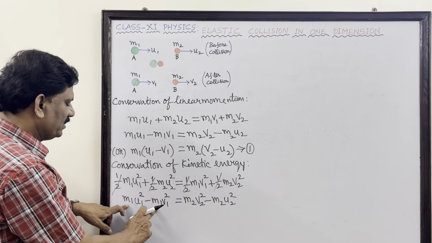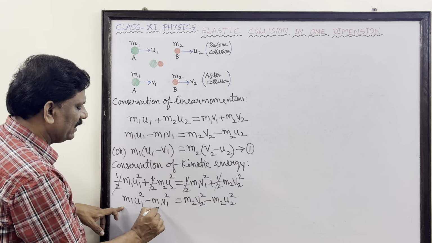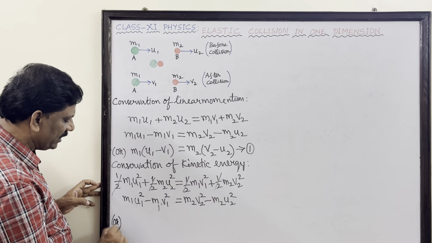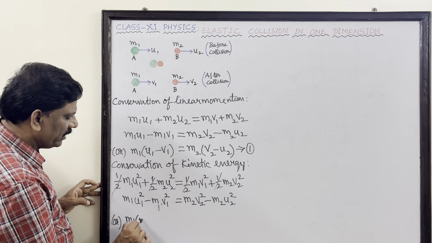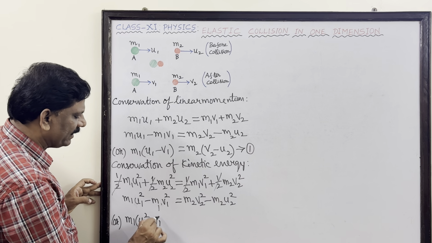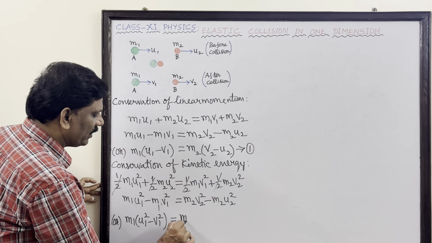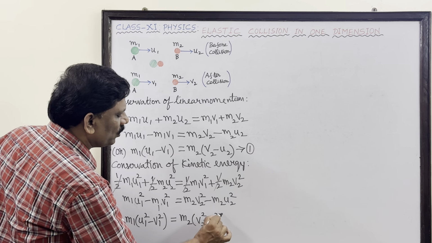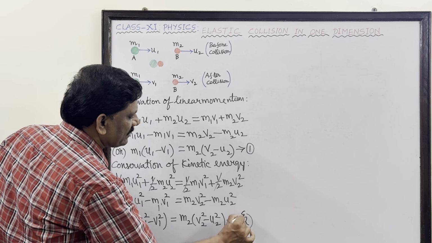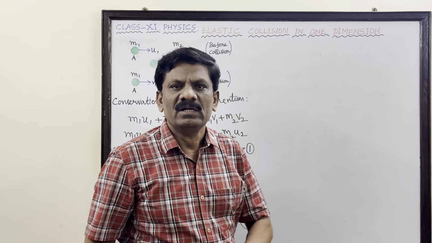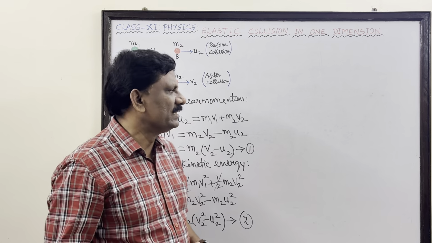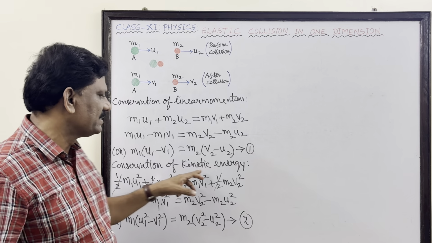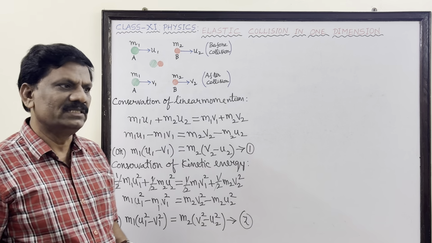Now m1 is common on the left side and m2 on the right side, so I can rewrite this as m1 into (u1 square minus v1 square) equal to m2 into (v2 square minus u2 square). I call this equation 2. Equation 1 is derived on the basis of conservation of linear momentum, and equation 2 on the basis of conservation of kinetic energy.